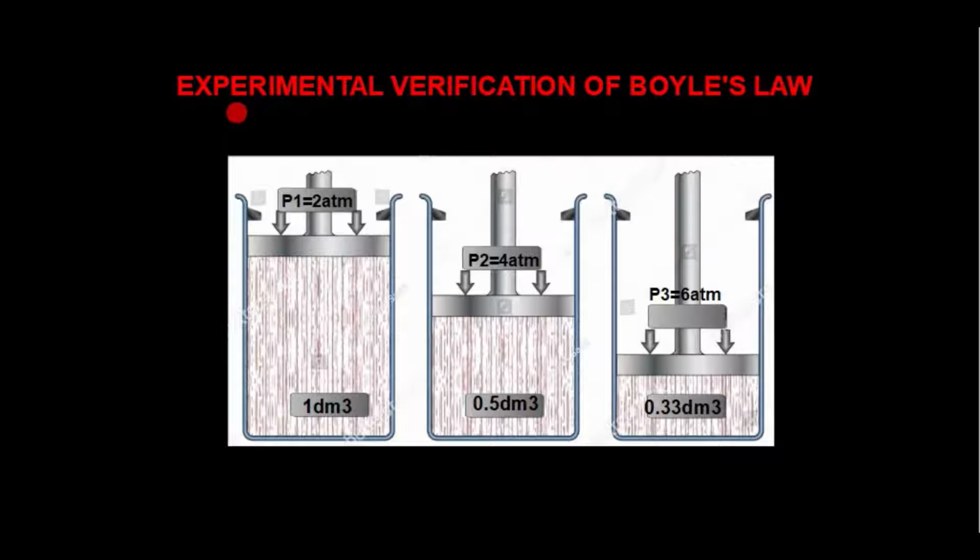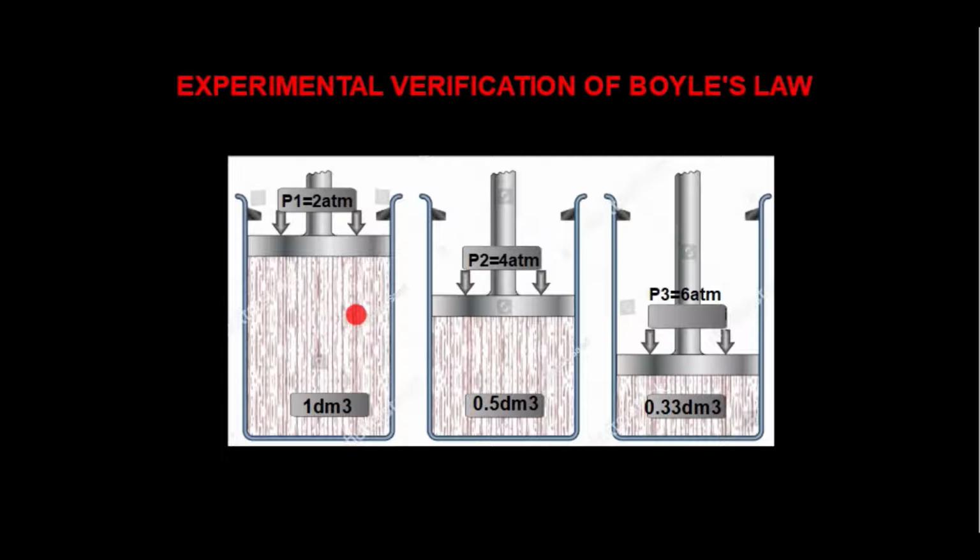The relationship between volume and pressure can be verified experimentally by the following series of experiments. In these experiments, let us take some mass of gas in a cylinder having a movable piston and observe the effect of increase of pressure on its volume.